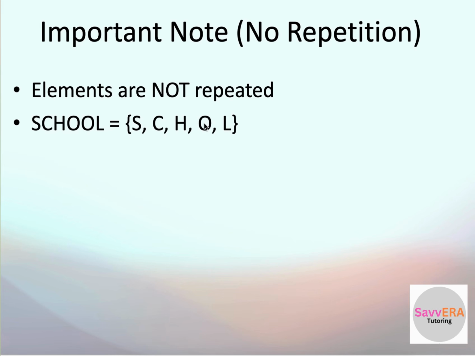No repetition means that if a set contains the same element more than once, we only write it once. School actually has 6 letters, but in our set it only has 5 because O is used twice.